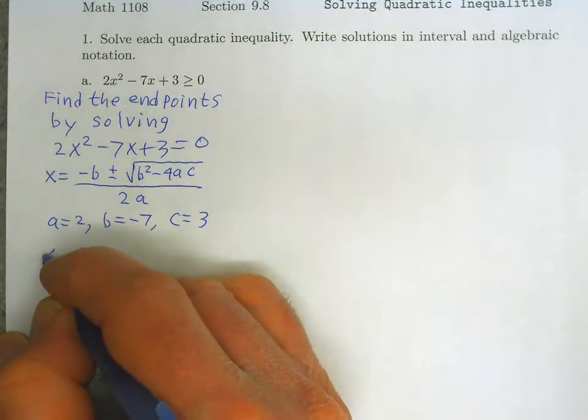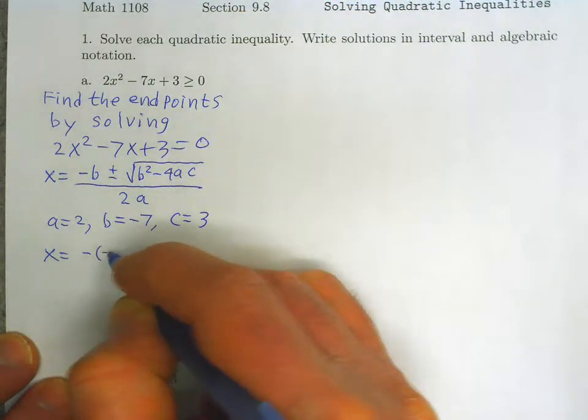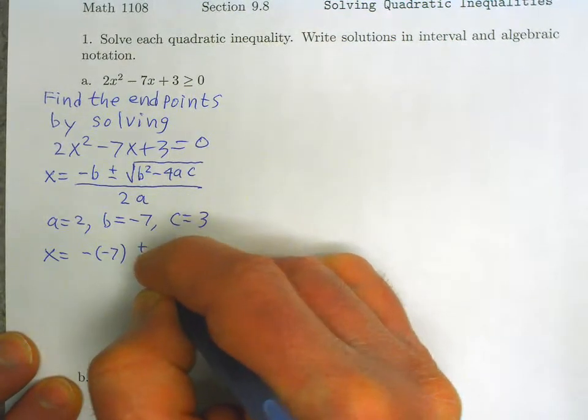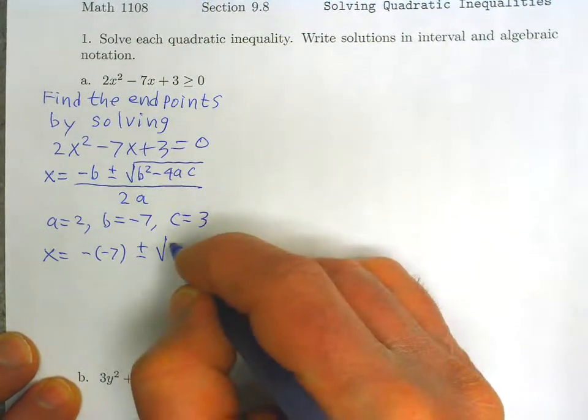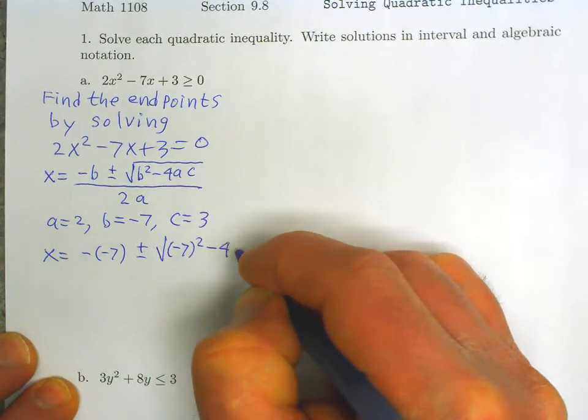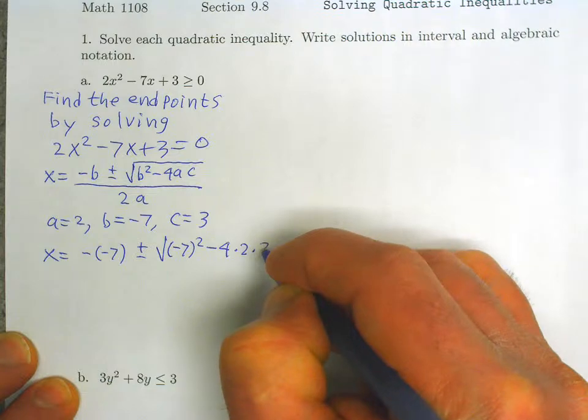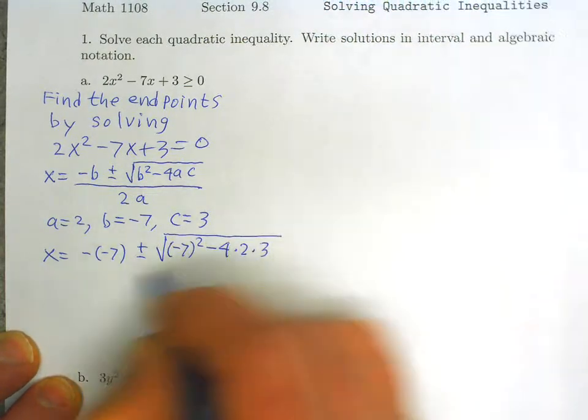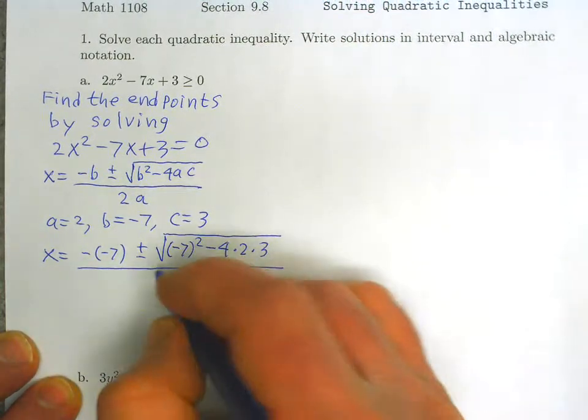Okay, so x equals the negative of negative 7 plus and minus the square root of the number negative 7 squared minus 4 times 2 times 3, all divided by 2 times 2.